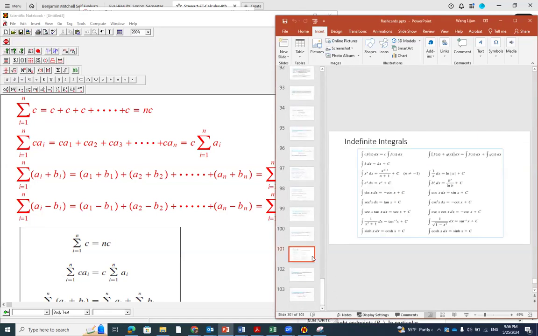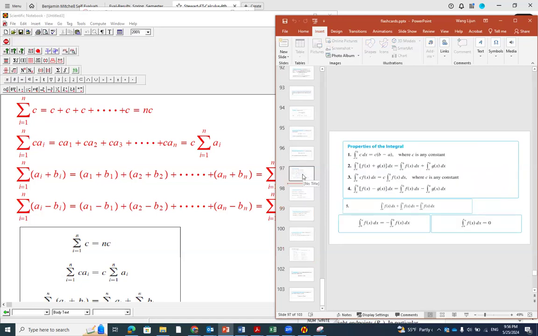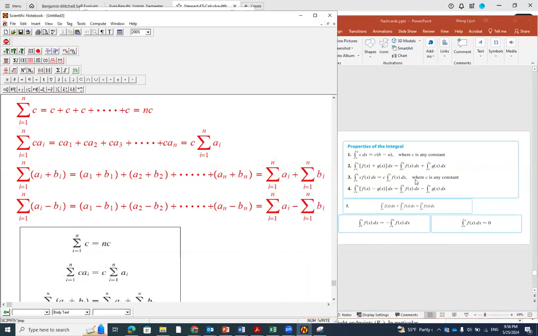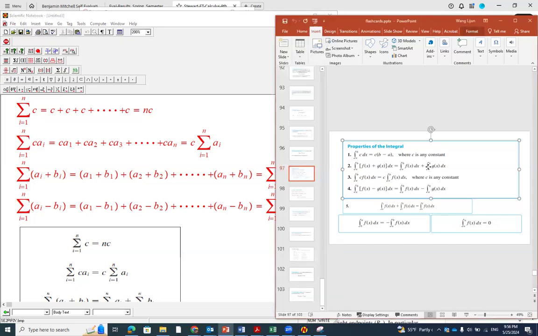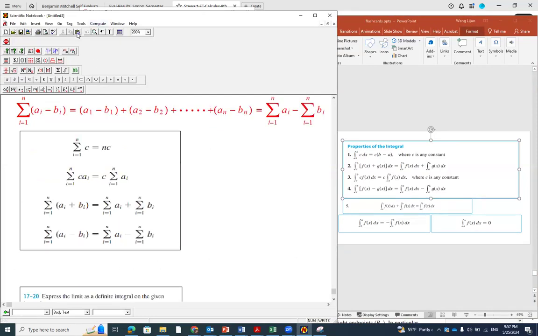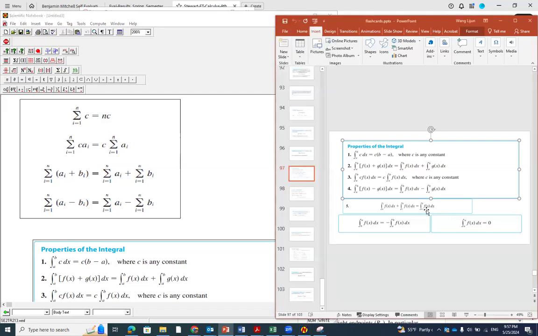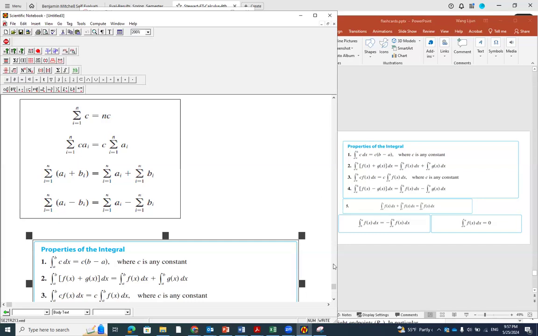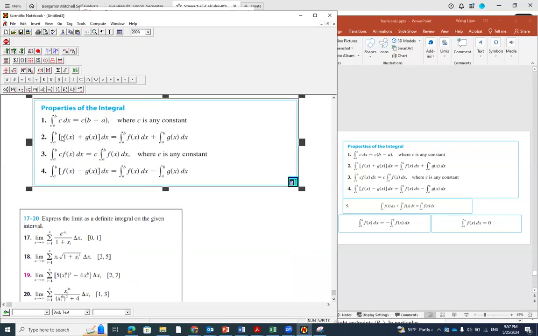We got some properties here. These properties are on the integration. I'm going to bring these properties over as this one. We have addition, subtraction.